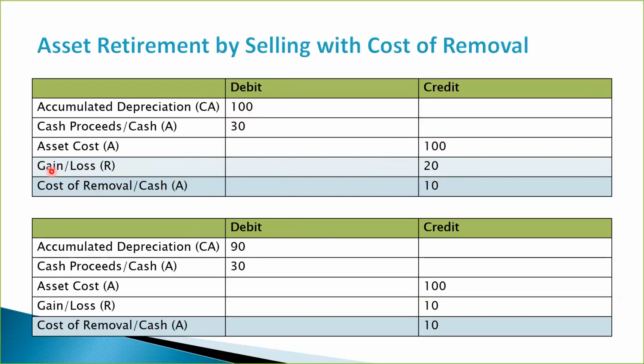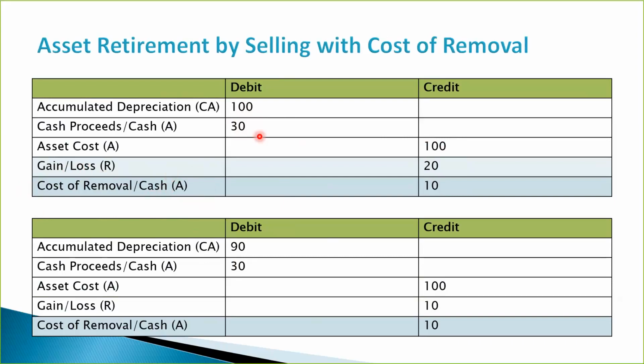This is the final accounting in terms of that payment, because you're going to make a payment and credit your cash account, reducing your cash, because you're paying for this service.